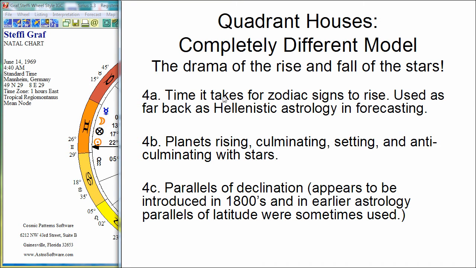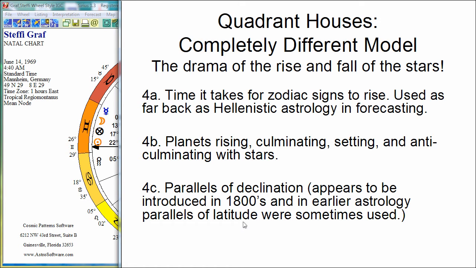And as I think I've started to mention, specific techniques, the time it takes for a zodiac sign to rise. This is used as far back as Hellenistic astrology and some of the forecasting methods. The planets that rise, culminate, set, and anti-culminate with a star. This is a very important thing in some of the classical astrological traditions. Also, parallels of declination, which I talk about in the videos on astronomy for astrology.